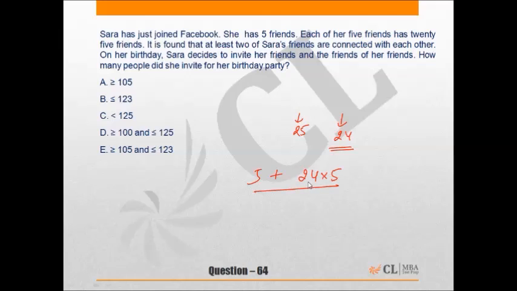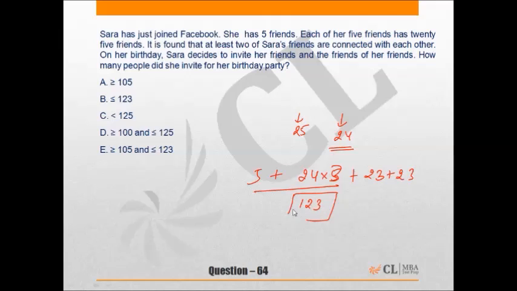But here it is given that at least two of Sarah's friends are connected to each other. In that case, there will be common friends, and the total number of friends that can be maximum will be 24 into 3 plus 23 into 3, which is equal to 123.